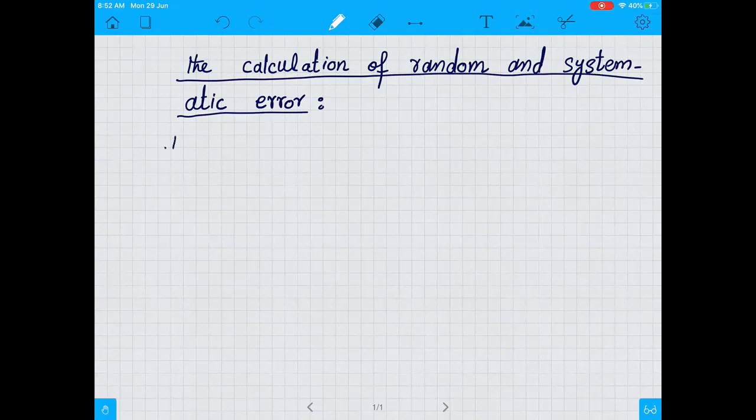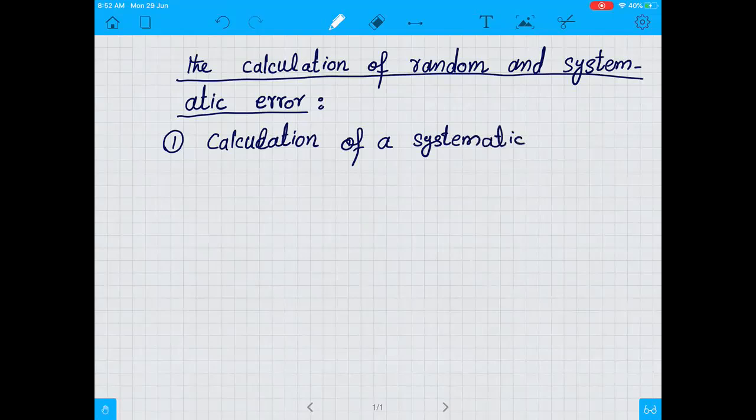Now, first of all, calculation of a systematic error. To calculate systematic error in a given data, the method is that systematic error is given by a formula.